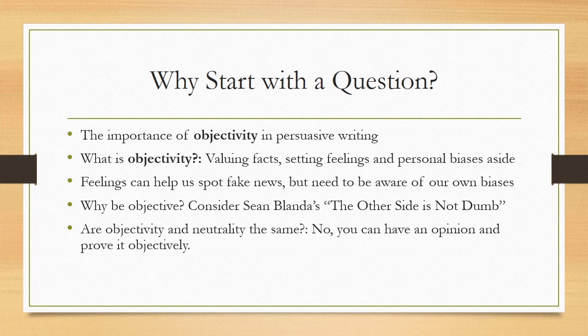So objectivity is the best way to convince people who don't agree with you to change their minds, and starting with a question is the best way to remain objective while writing. It sets you up to remain objective while writing because of how you start the process. It's the first step, and getting the first step right is so crucial. We can learn from the other side, like Blanda says, in the research process.